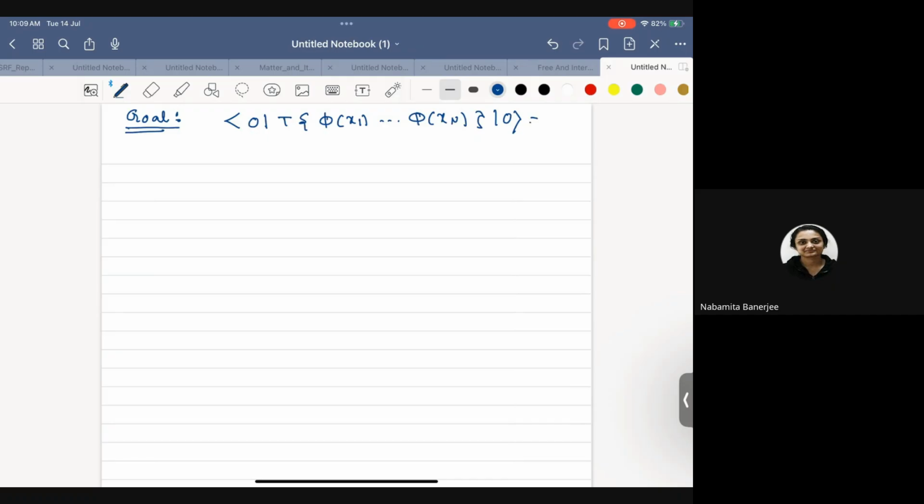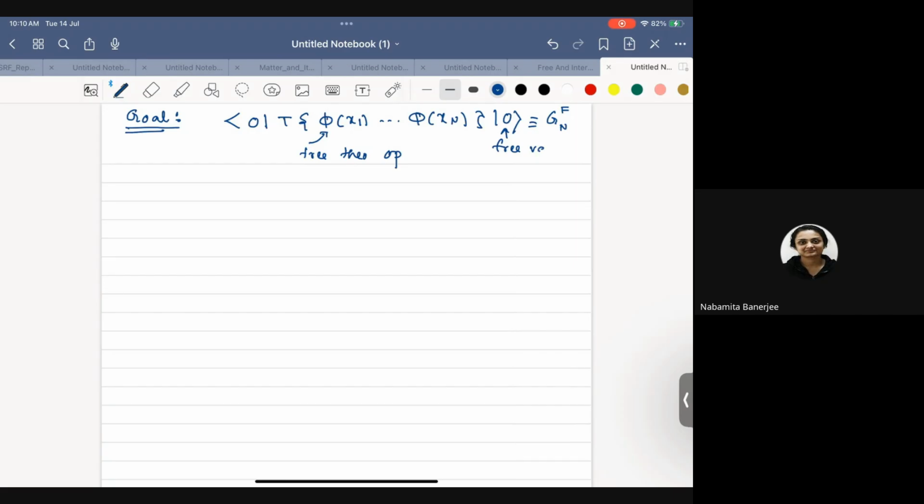This is what we called the n-point function, Gn. Okay, but in free theory. So I'm going to put an F here just to denote that these are free vacuum and these are free theory operators.